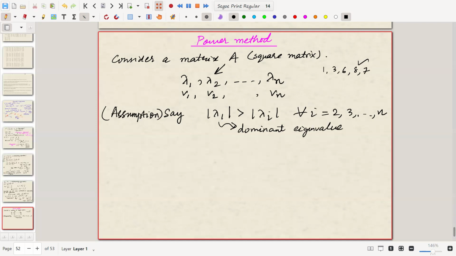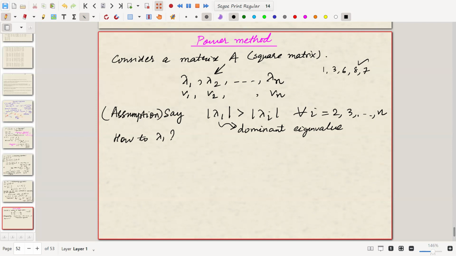Now our idea is how to compute this lambda 1. This is the job of this method. I told you it will find the dominant eigenvalue.